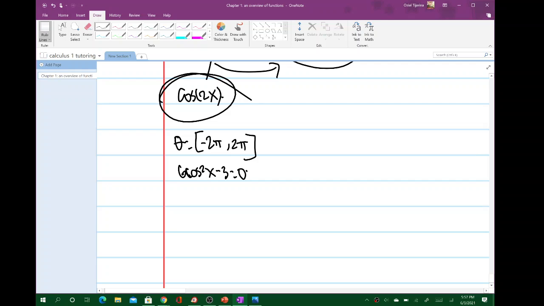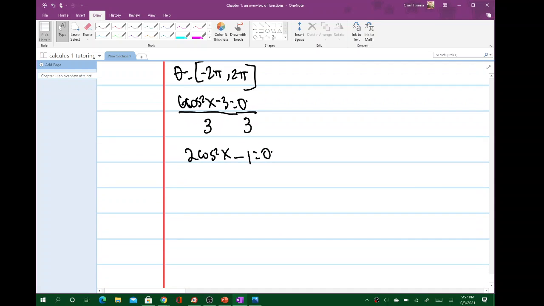What you're going to do is say that you have 6 cosine squared x minus 3 equals 0. And if you want, divide both sides by 3, you get 2 cosine squared x minus 1 equals 0, right?